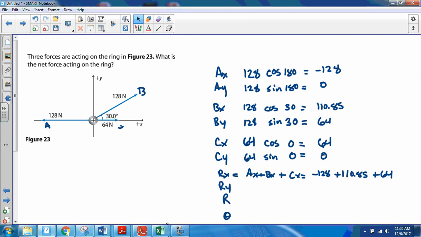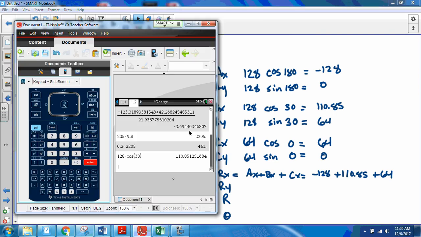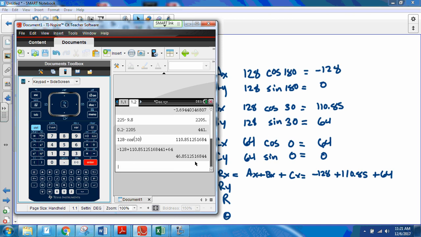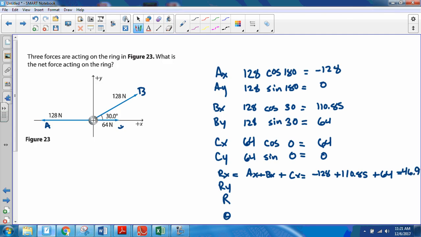Again, I don't want to use a rounded answer, so I'm going to put it in my calculator like this: negative 128 plus, go up and click for your answer, and then plus 64. The other benefit is that now it's in my calculator, and I'm going to need this number in just a minute. So it's going to be 46.9. But remember, I'm just writing this down to keep a record. This is not going to be used for my answer.